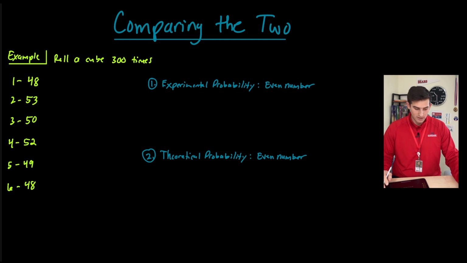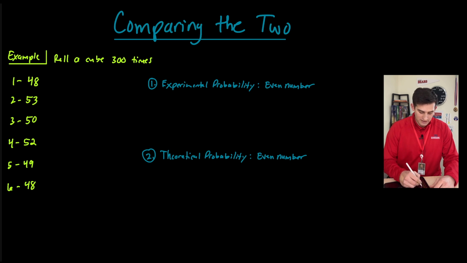When we rolled a 1, it came up 48 times, 2 53 times, 3 50 times, 4 52 times, 5 49, and 6 48. If we added up those 6 numbers, it's going to equal 300, just trust me. So the experimental probability of rolling an even number: we got 2, we've got 4, and we've got 6.